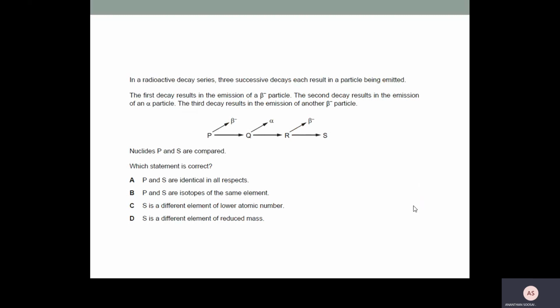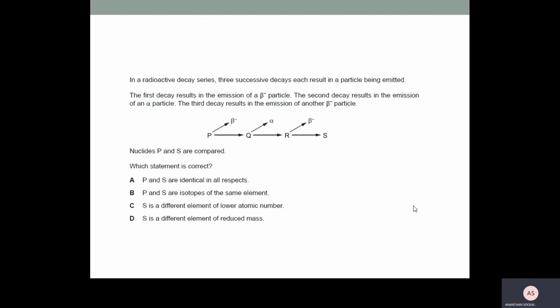Beta particle, neutron changes to proton, so proton number rises. Alpha drops the proton number. Okay, so which statement is correct?